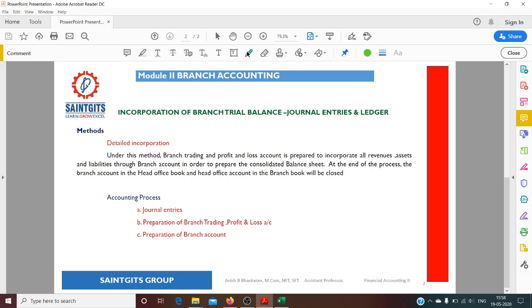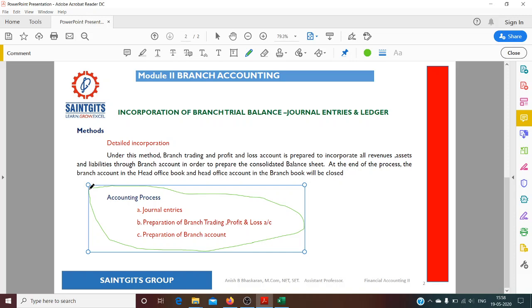Now, coming to the accounting process, for writing journal entries under the detailed incorporation method, we need to focus on three important elements. One is passing journal entries, the second one is the preparation of the branch trading profit and loss account, and the third one is the preparation of the branch account.